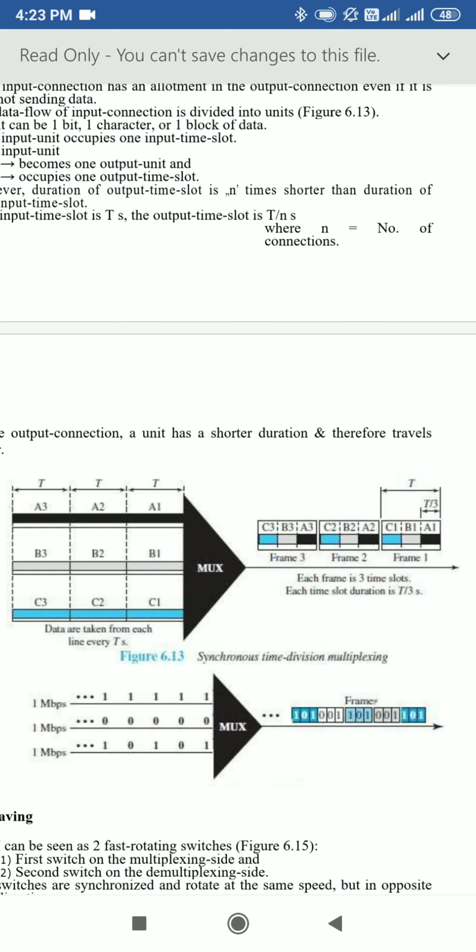So the frame is nothing but the combination of time slots of one cycle. See, A1, B1, C1 are transferred in one cycle. A2, B2, C2 are transferred in second cycle. A3, B3, C3 are transferred in third cycle. So A1, B1, C1 will form one frame. A2, B2, C2 will form another frame. A3, B3, C3 will form frame 3.